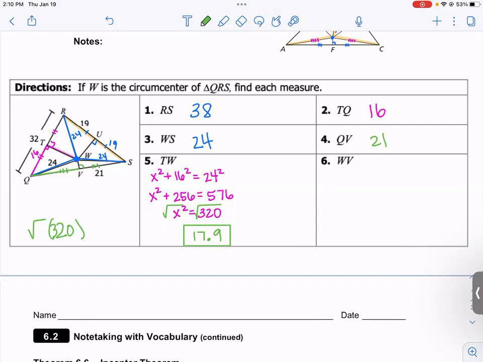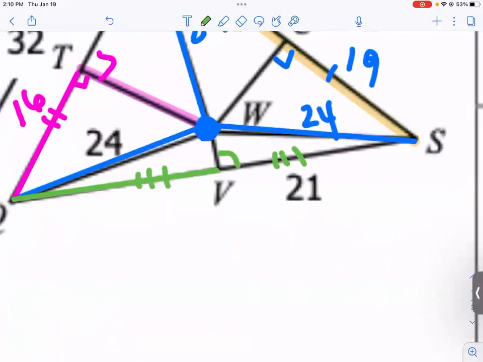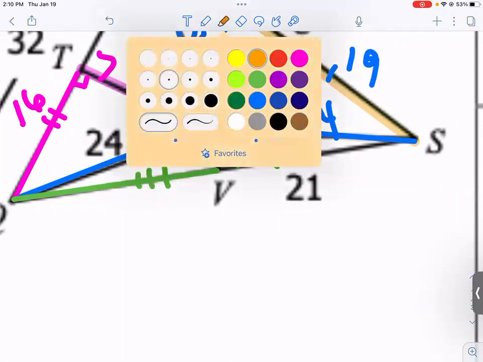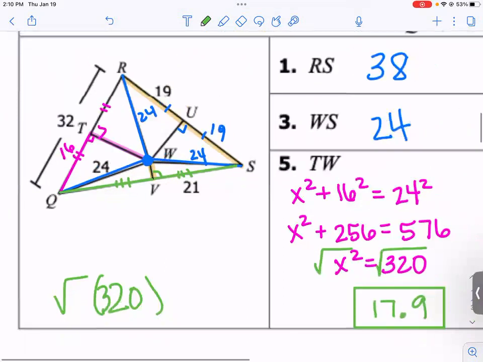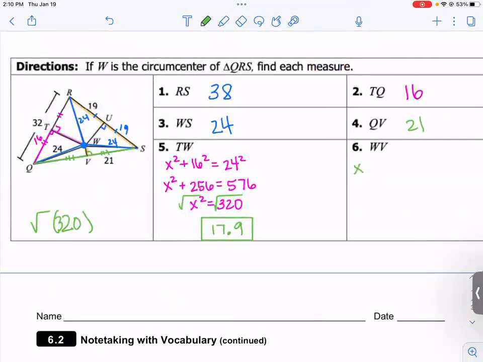WB is this cute little measure right here. So we know that this side is 21 and we know that the hypotenuse is 24. So to set this up using the Pythagorean theorem, x squared plus 21 squared equals 24 squared.